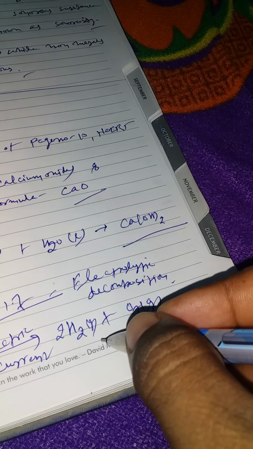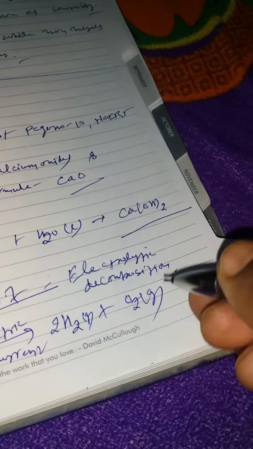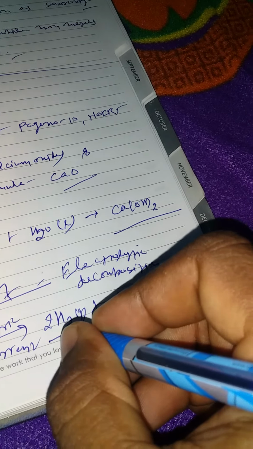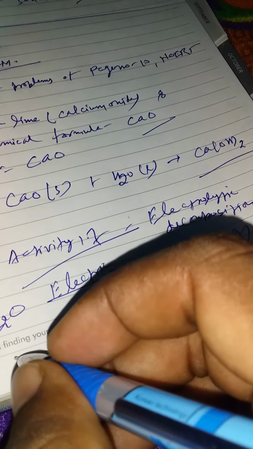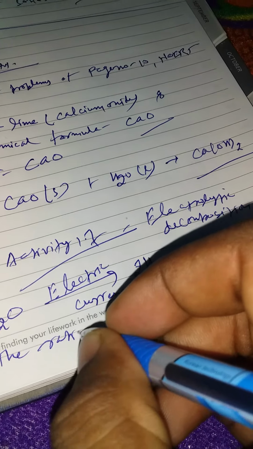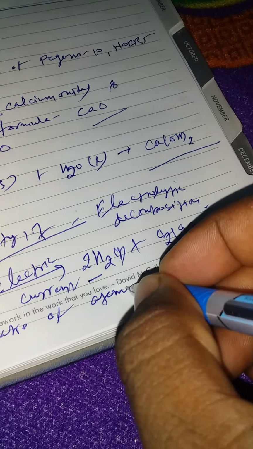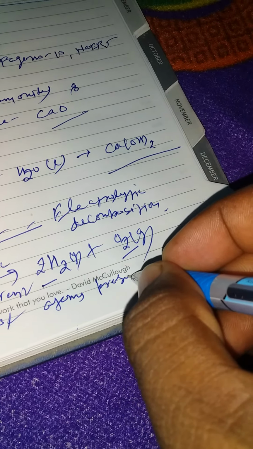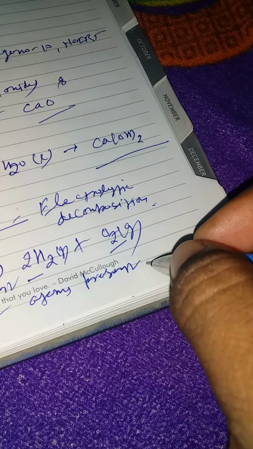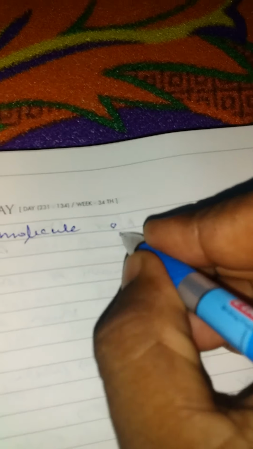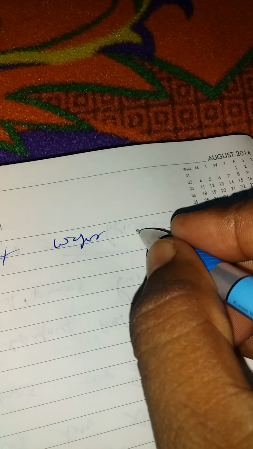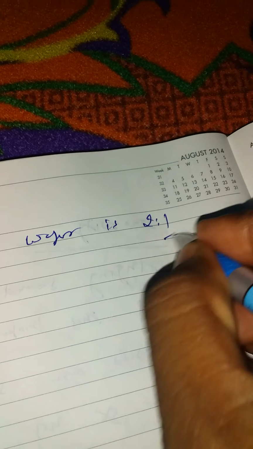We see in this chemical equation the amount of hydrogen gas is double in comparison to oxygen, because the ratio of atoms present in a molecule of water is 2:1.